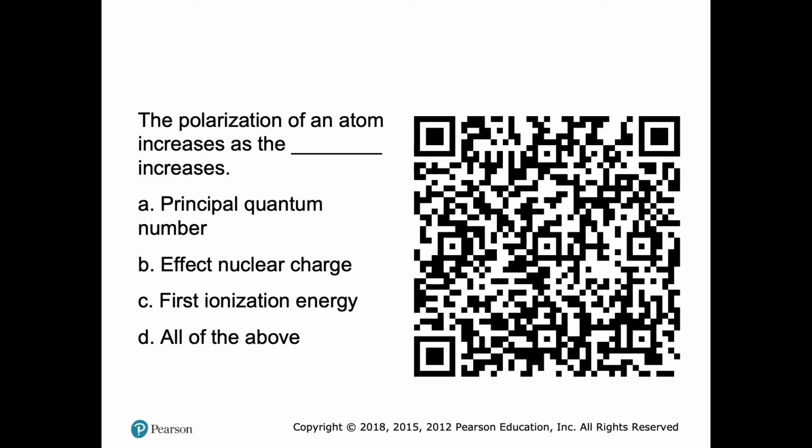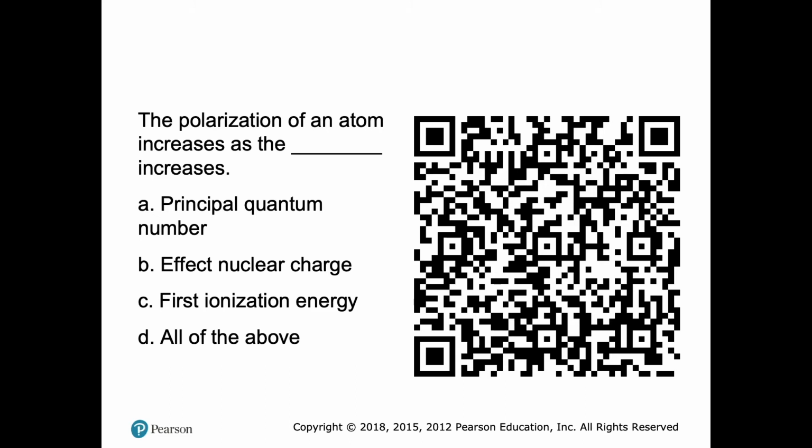So the vast majority of people said A, which is the principal quantum number. But then we had 3 people that said D, all of the above, right? So I just want to say that in the previous slides, I never once mentioned anything about the first ionization energy. I never mentioned anything about, what was that other one?